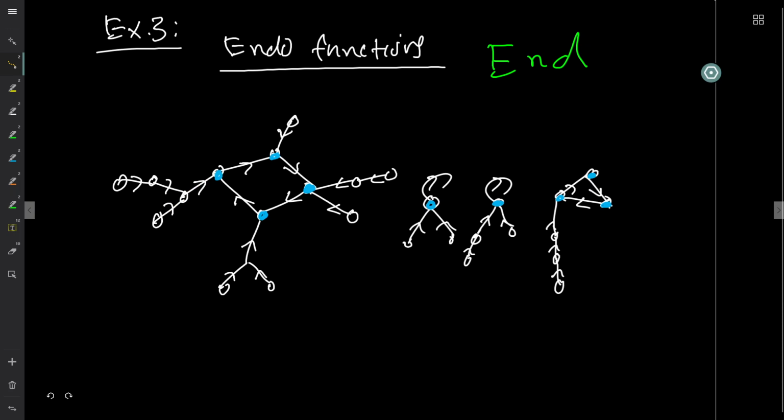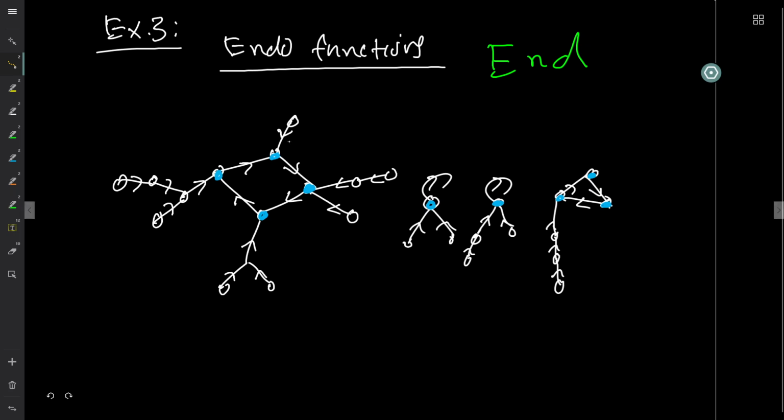Because the graph of the endo function, of course, has the property that every vertex has exactly one outgoing edge, which implies that we cannot have more than one cycle. We have exactly one cycle in each component because all the elements have some outgoing edge.